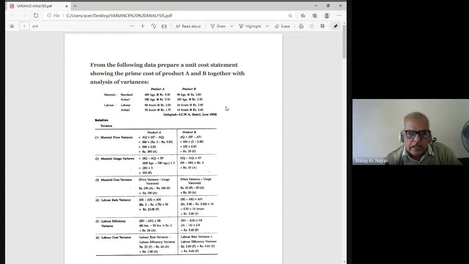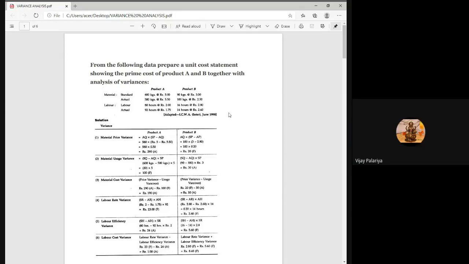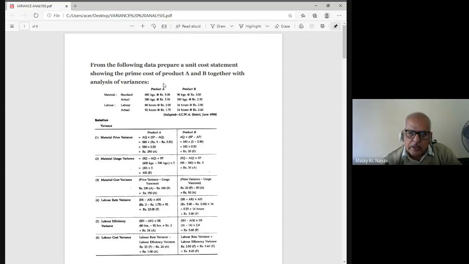The whole sum: product A, product B, material variances and labor variances.